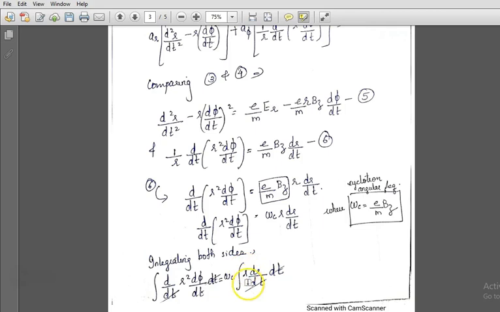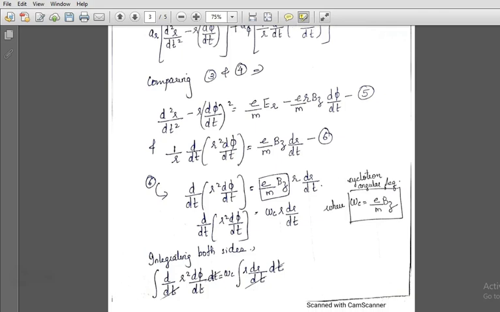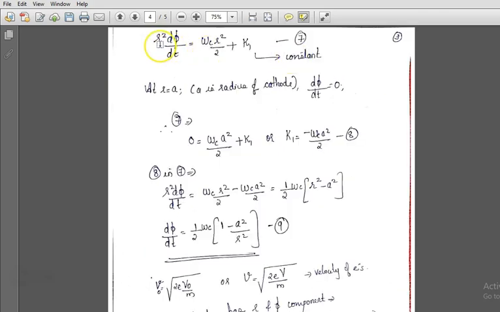And what is the integral of R dr? It is equal to R square by 2. So R square d phi by dt is equal to omega c into R square by 2. We cannot keep it as such. Since we are integrating, there should be a constant, and let that constant be k1.